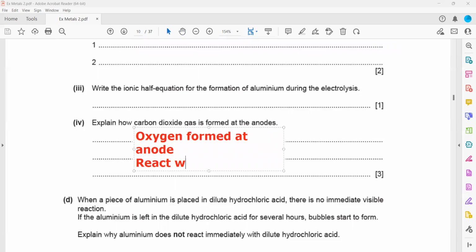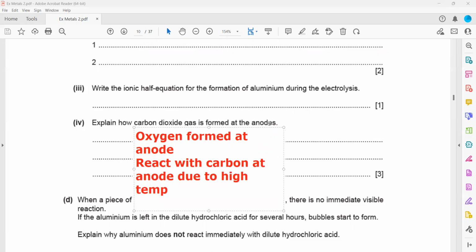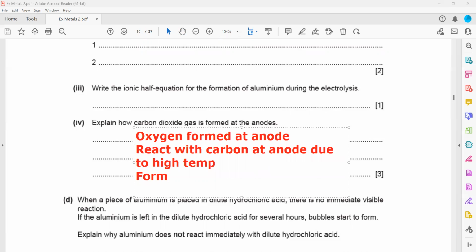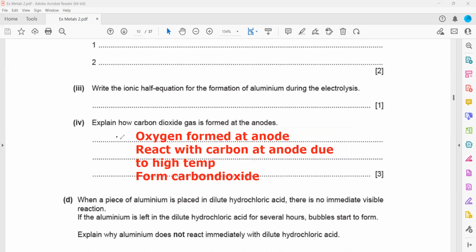It reacts with carbon at the anode due to high temperature, and as a result it will form carbon dioxide. So the oxygen formed at the anode, 1 mark. React with the carbon at the anode, second mark. Due to high temperature, third mark.